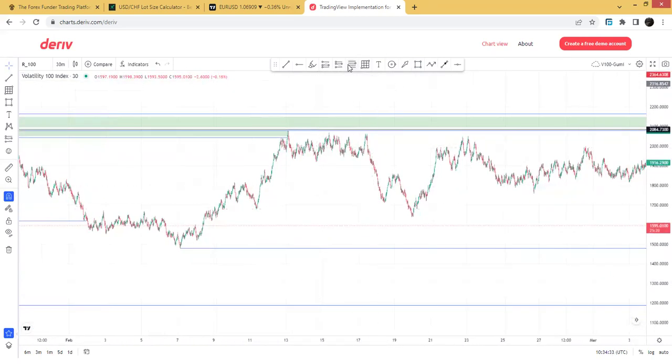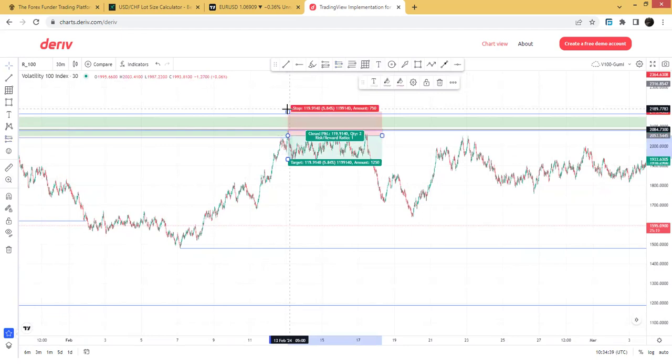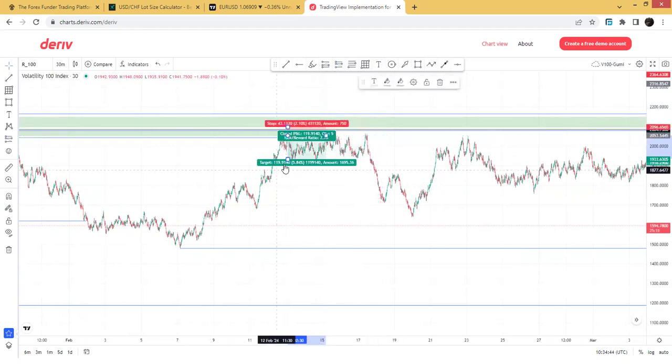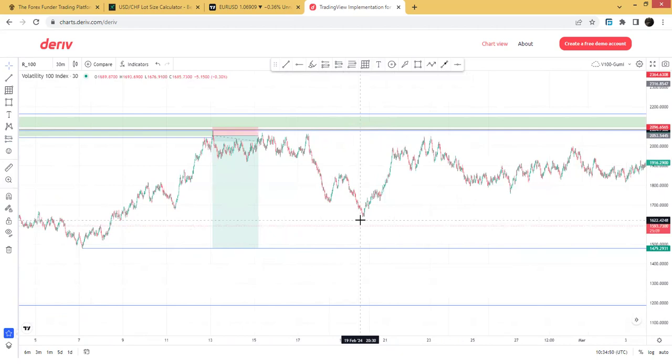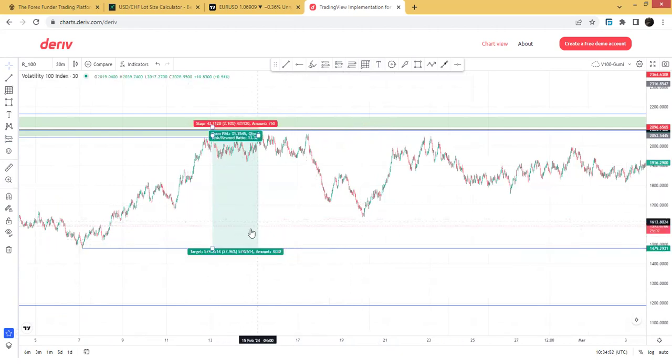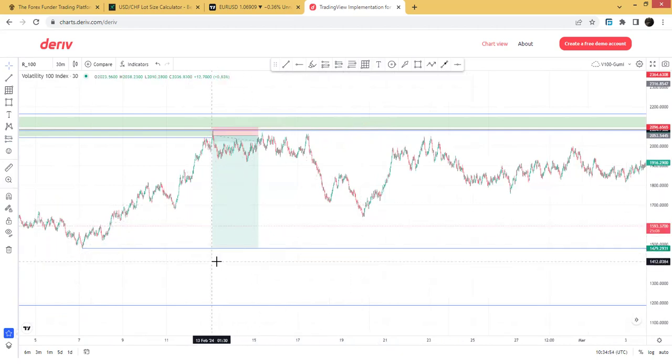Let me put the sell position here on this supply zone. My stops just slightly above. My targets all the way here. Now, obviously, you'd have been taking partials. So it's only your runners you will leave up all the way to this point.